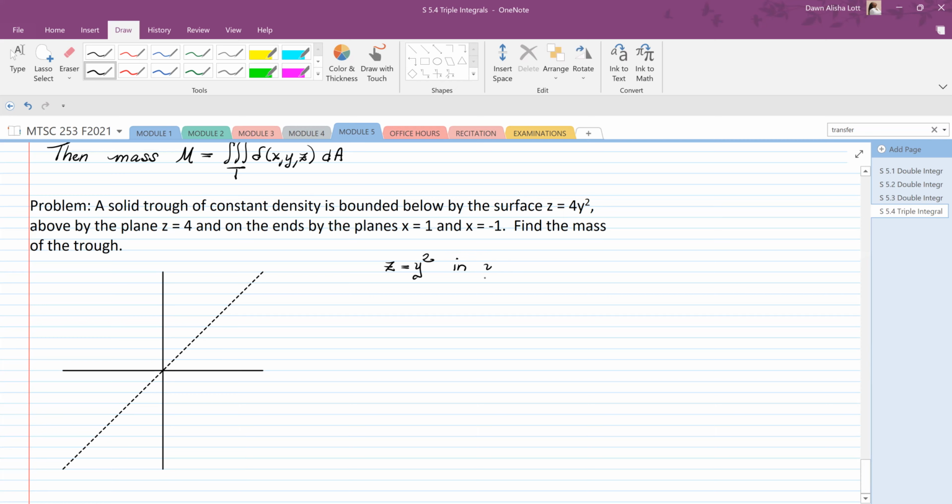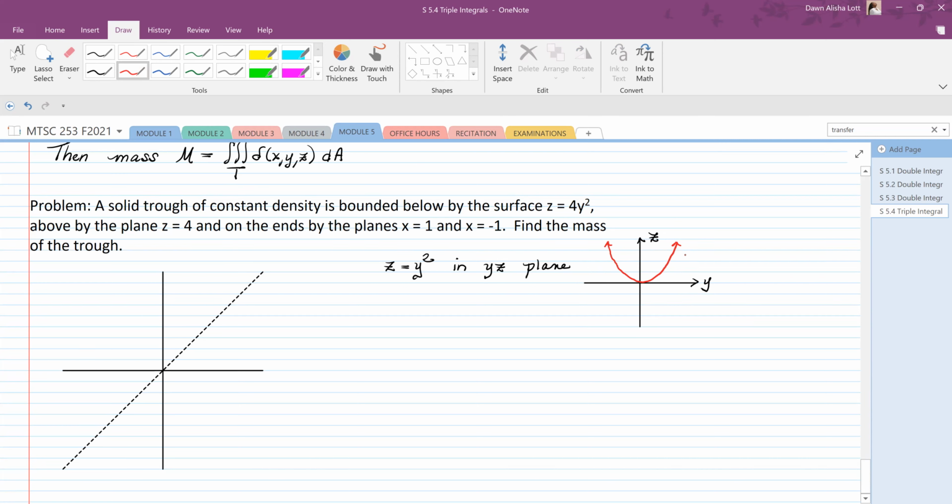In the YZ plane is this. Here's Z, here's Y. So that is Z is equal to 4y squared.